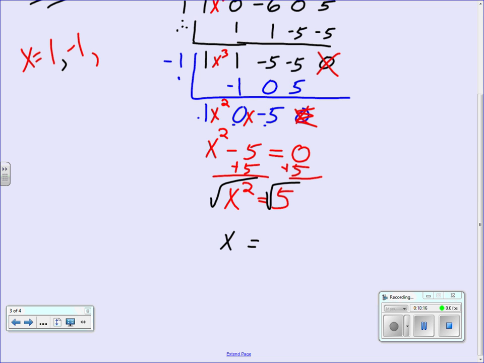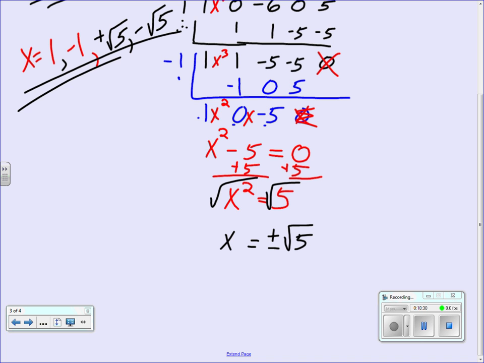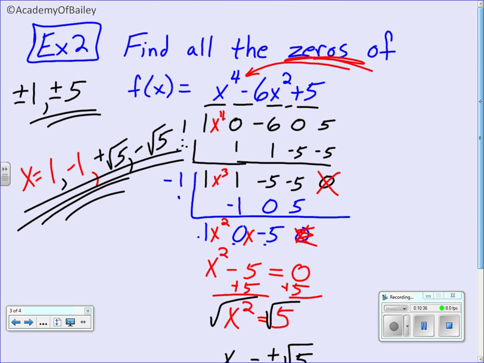And we took the square root of both sides, so we have to go positive and negative square root of 5. Now right there is our 4 zeros. And remember, those are rational, 1 and negative 1, and then irrational, positive and negative square root of 5.